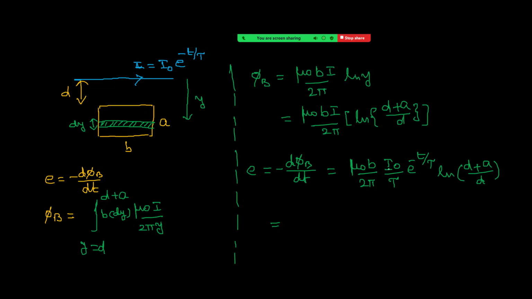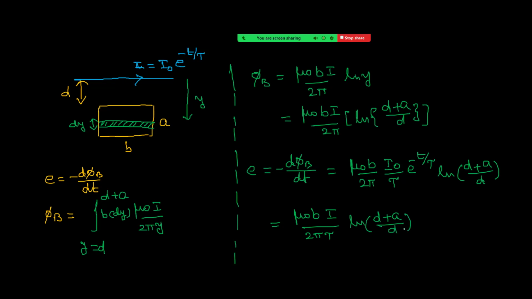Or in place of I naught e power minus t by tau, I can write it as the I value. That means it becomes mu naught b I upon 2 pi tau ln of d plus a upon d, right?